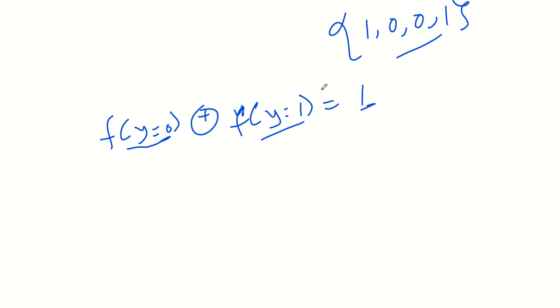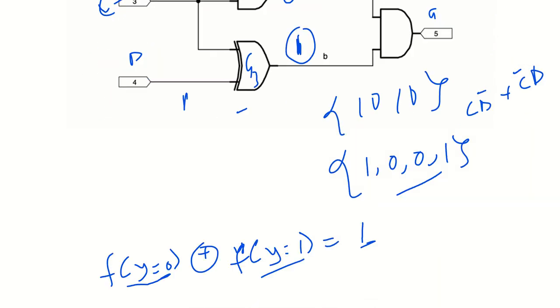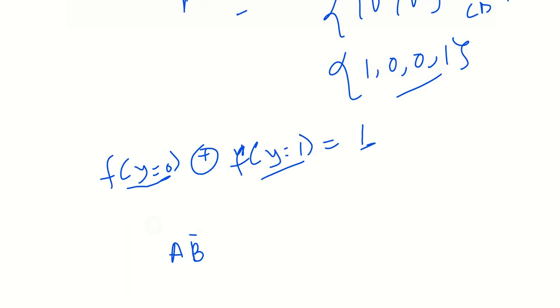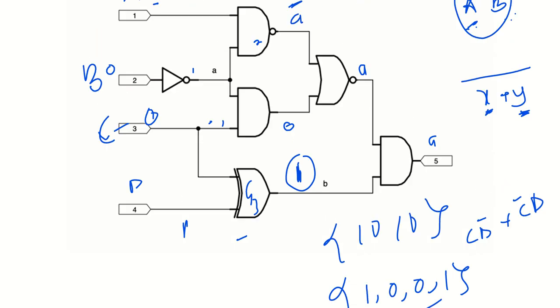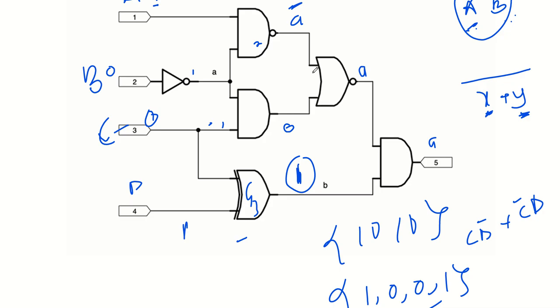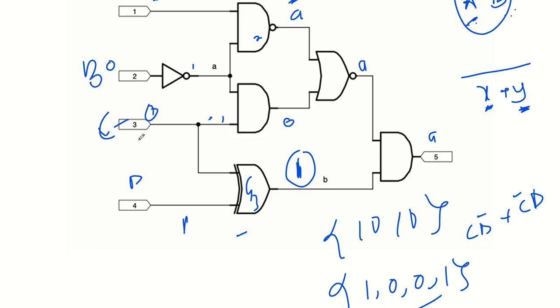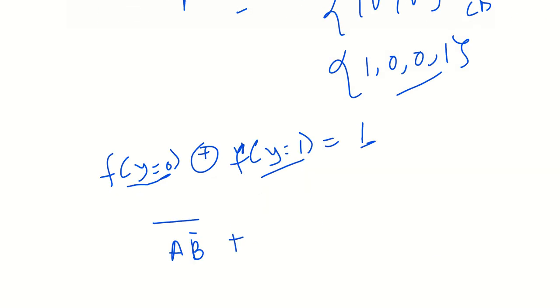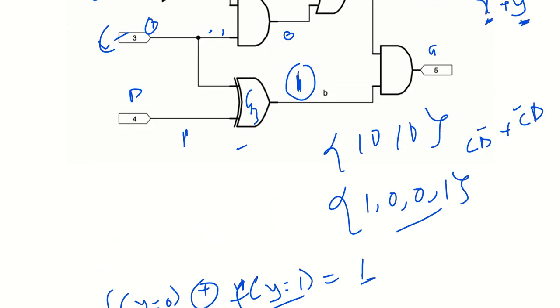You have A and B bar, they were NANDed, then they were fed into a NOR gate with B bar and C. So plus B bar and C, and it was a NOR gate, so all the expression has to be NORed.